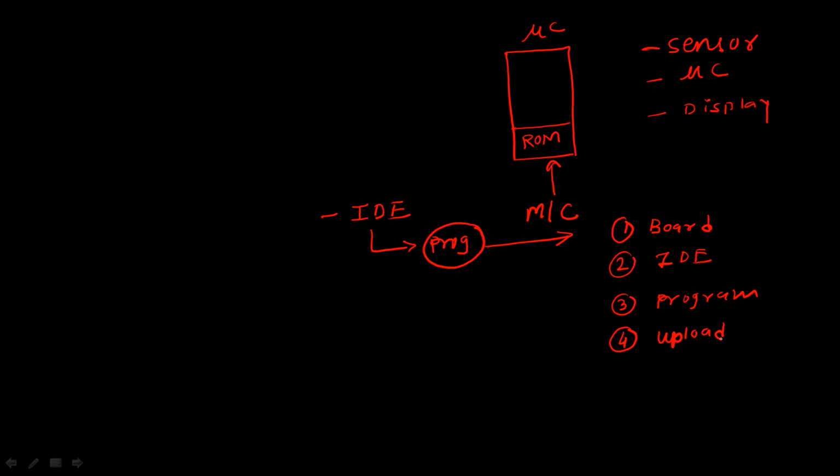So if you do not have an Arduino board, if you have another microcontroller, then you have to check which hardware is available for burning that particular program inside the microcontroller. Now suppose, let's take an example, you have an 8051 microcontroller, any category of single, only one microcontroller, and you do not have a board like the Arduino board. Okay. Then in that case you will require a special type of hardware.